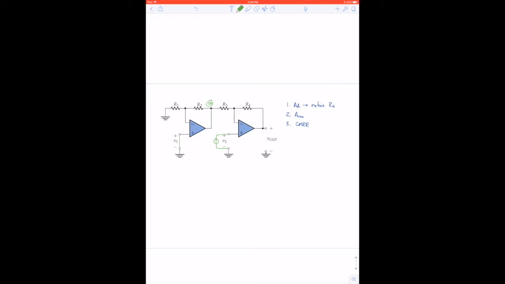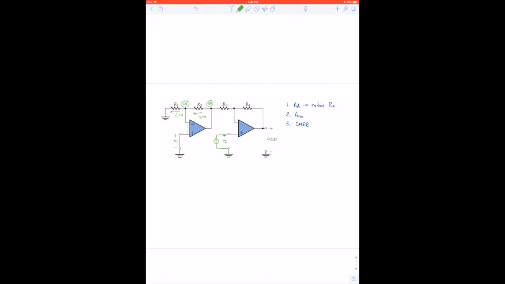And if you didn't recognize that, take advantage of the virtual short that exists here and recognize that the potential at the negative pin is 0 volts. And that implies that the current I1 will also be 0, and I2 will be 0, and when I2 is 0, the output must also be at 0.